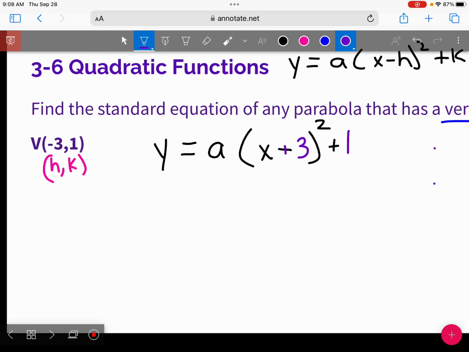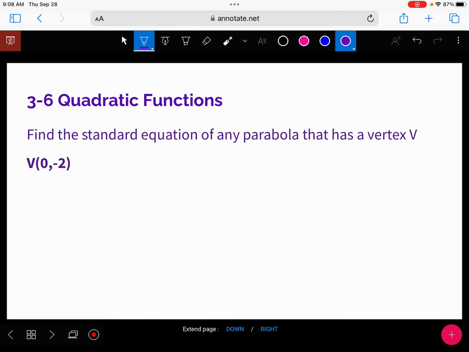Okay? So we're going to try that again just so we can practice it again. Find the standard equation, meaning find an equation, for any parabola that has a vertex of (0, -2). Same vibe.